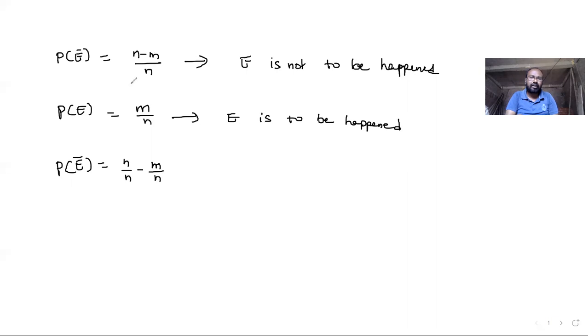You can split this term: this is nothing but 1 minus m by n, and m by n means P of E. So finally we get P of E bar is equal to 1 minus P of E.